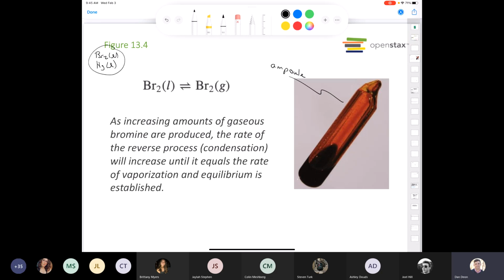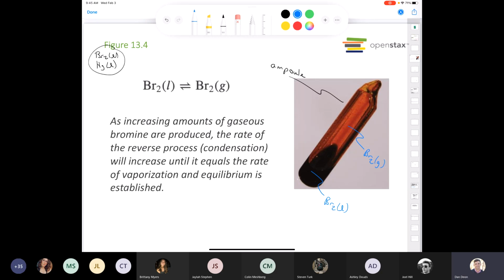So look, if you take bromine, this is bromine in the liquid phase, Br2, and this is Br2, bromine in the gaseous phase.